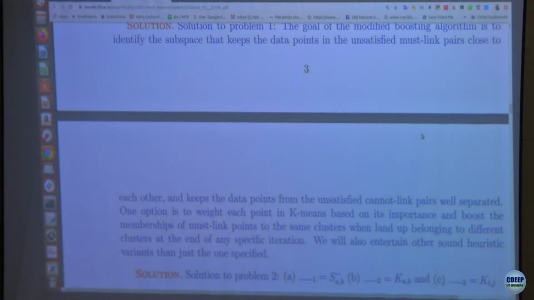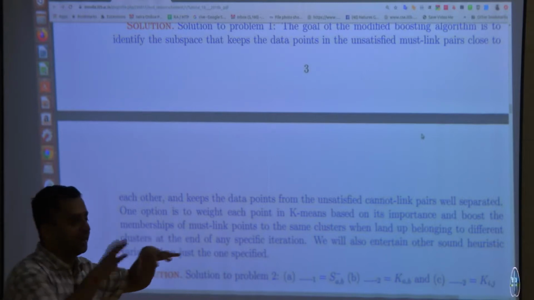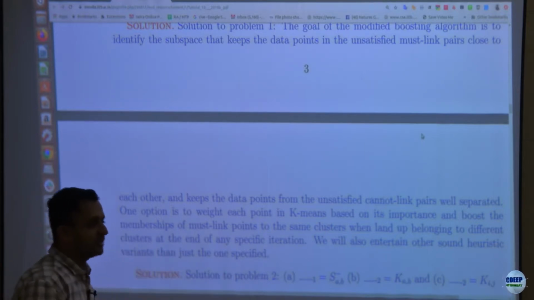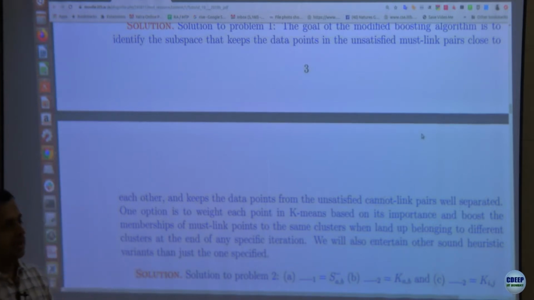You remember when the error is high, error is computed in terms of importance of examples. So if an important example is misclassified, at that iteration you give less weightage to the clustering that is performed, but then you further boost up the importance of that example which got misclassified. So it boosts the membership of must-link points to the same clusters when they land up belonging to different clusters at the end of any specific iteration.